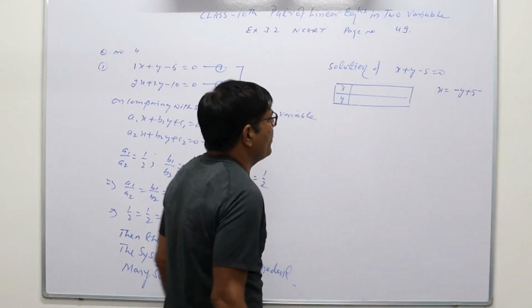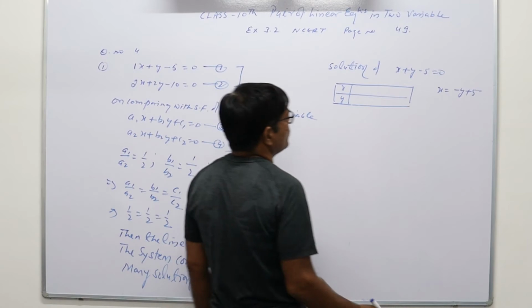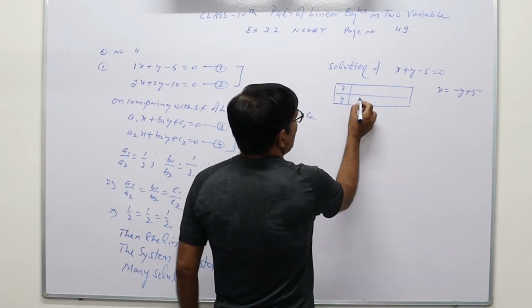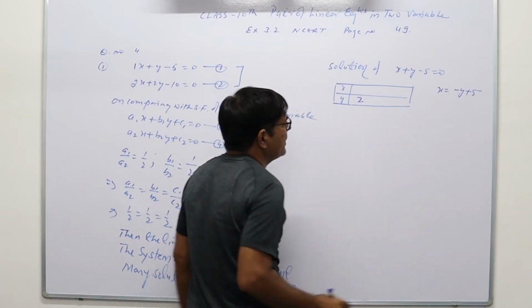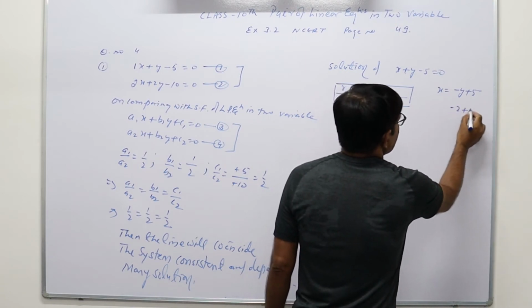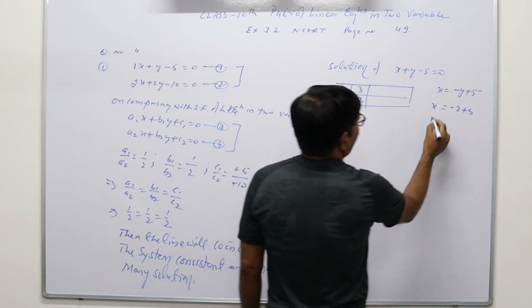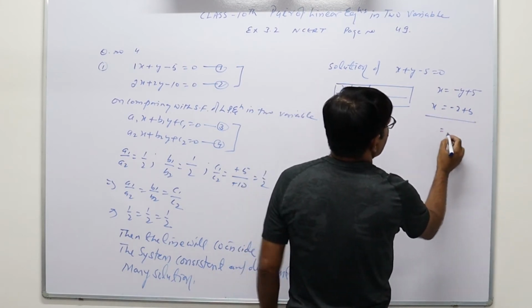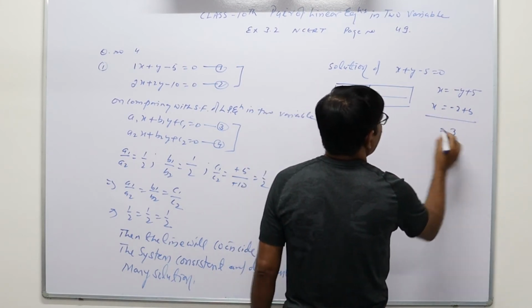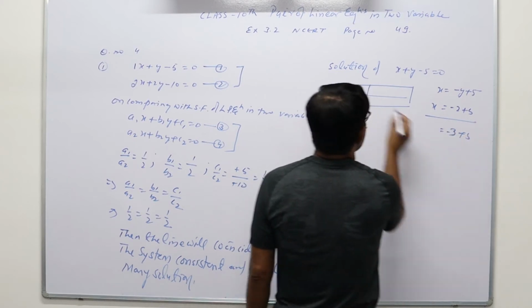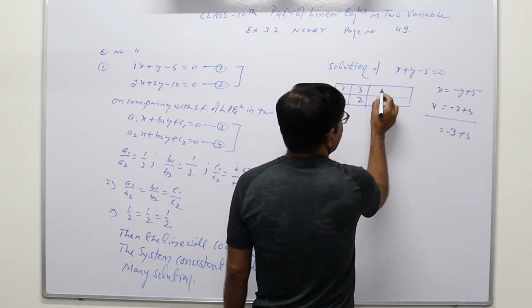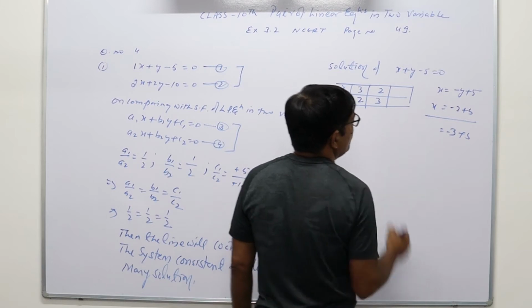Now if we put y equal to 2, then minus 2 plus 5, so x will be equal to 3. If we put y equal to 3, then minus 3 plus 5, x will be equal to 2.